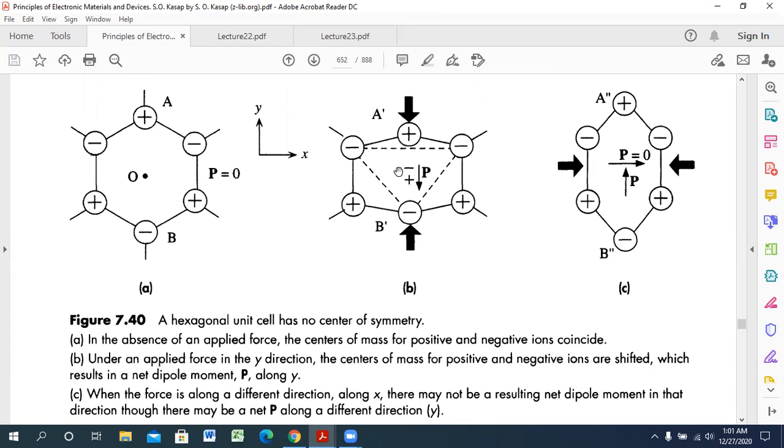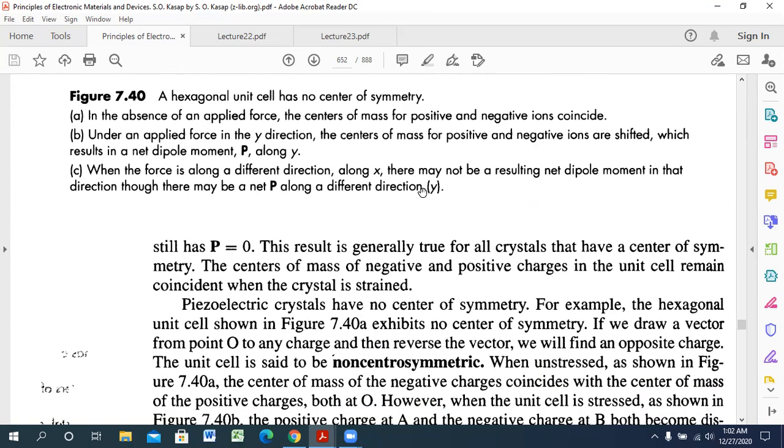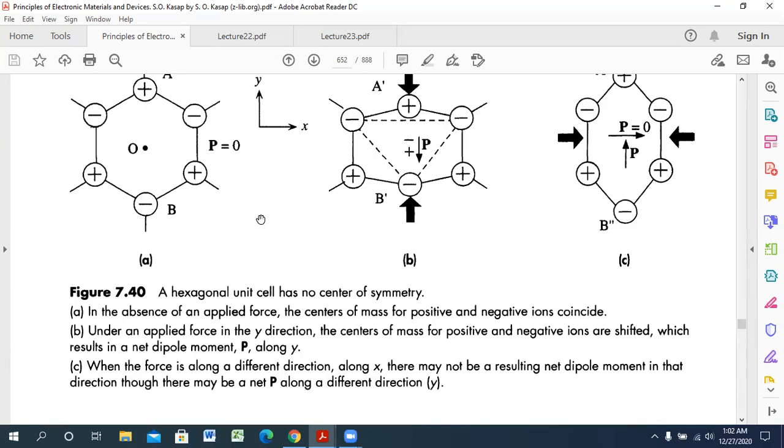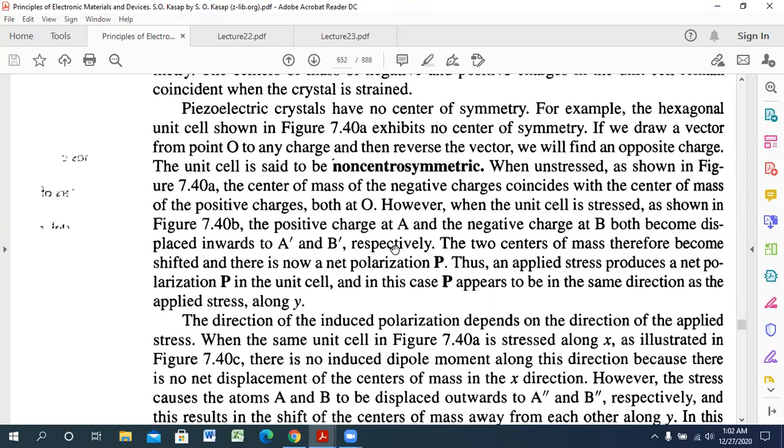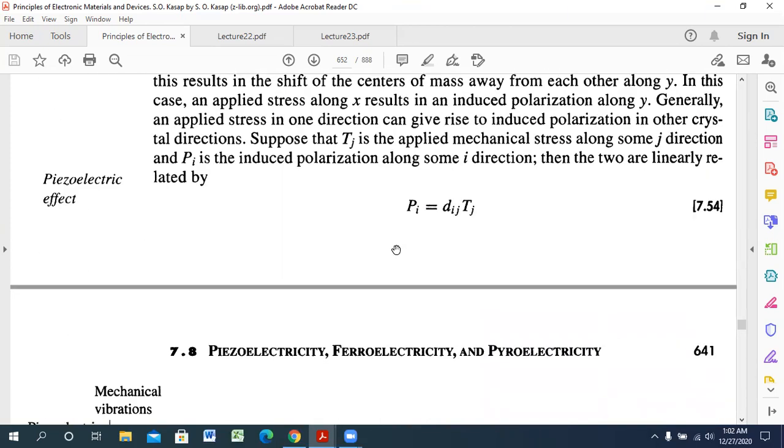Whenever this center is shifted, only for those types of material, this piezoelectricity will occur. Okay. But if the center of mass is not shifted, then this piezoelectricity will not occur there.